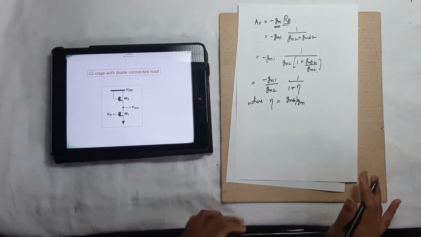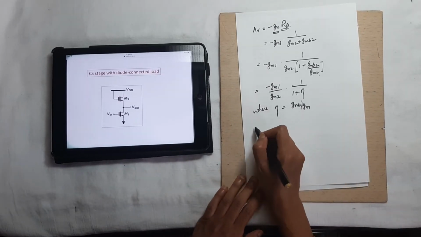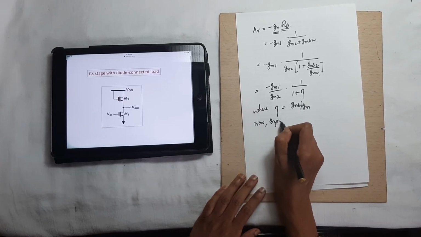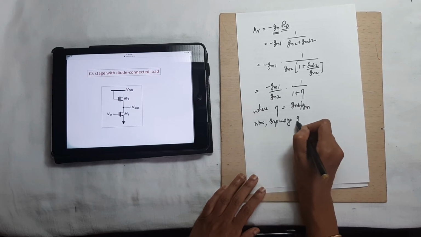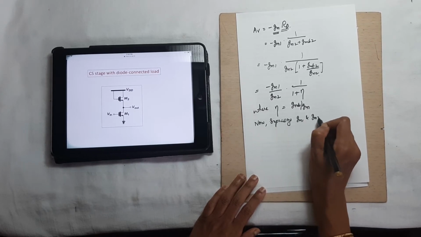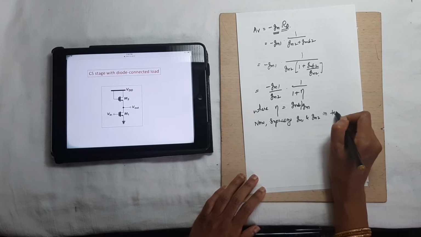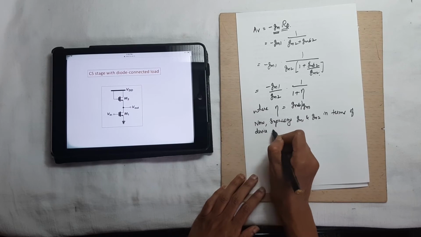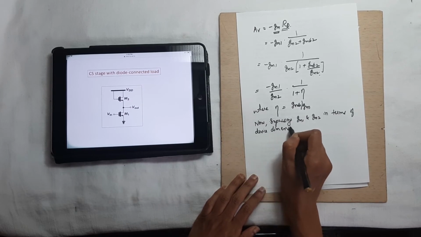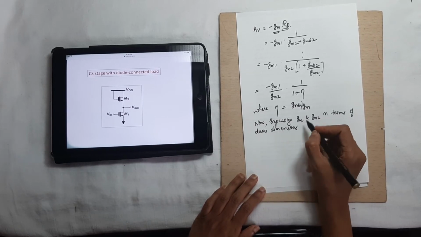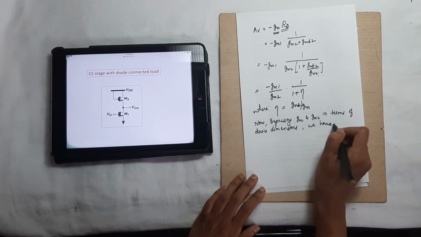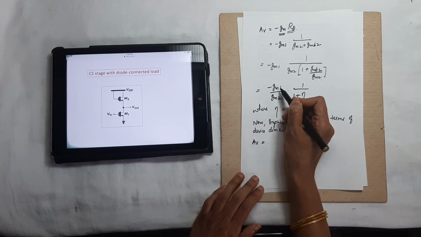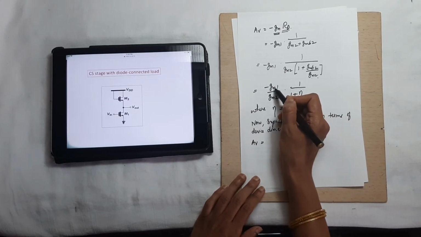Now, expressing GM1 and GM2 in terms of device dimensions, let us write the equation of AV in terms of the device dimension. Already we have obtained the expression for GM.